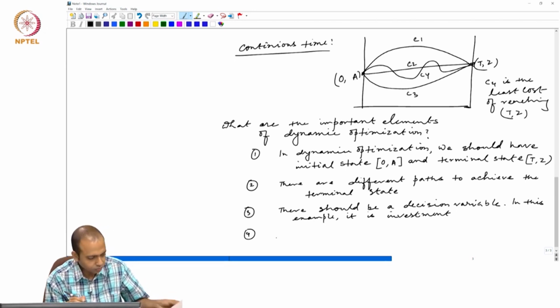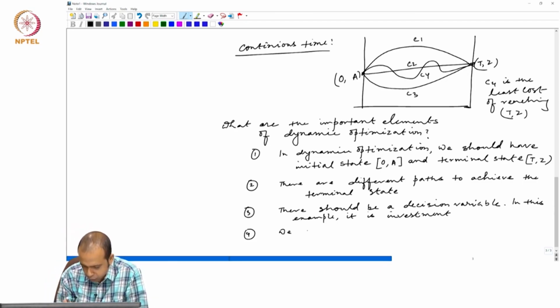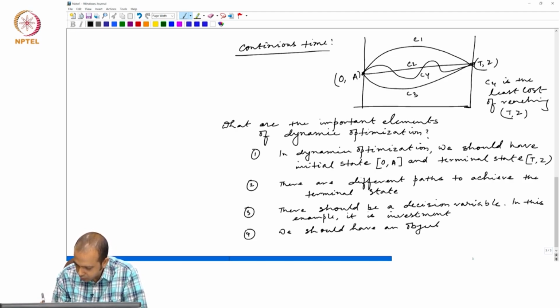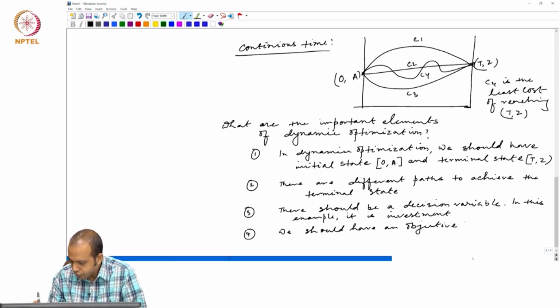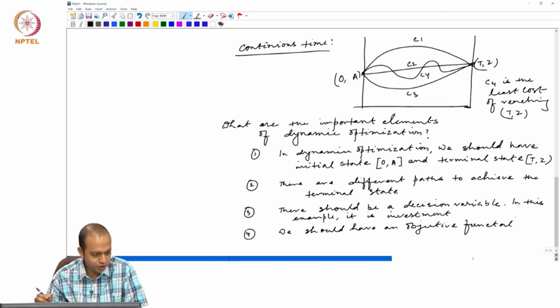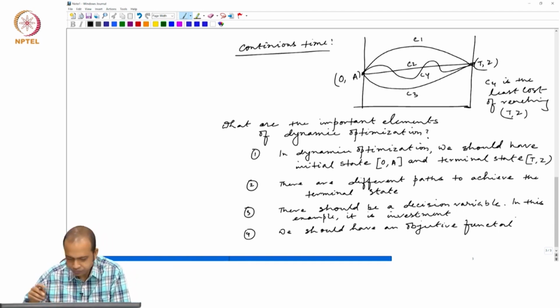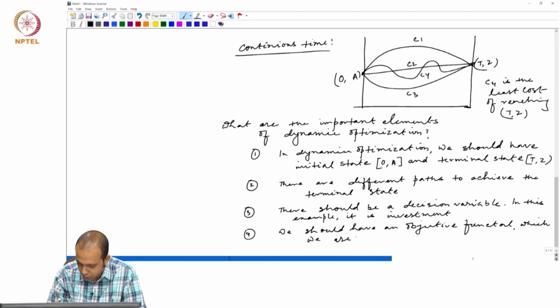Then we should have an objective functional, which we are trying to optimize.